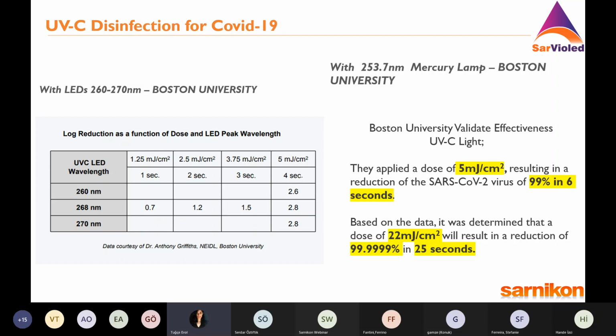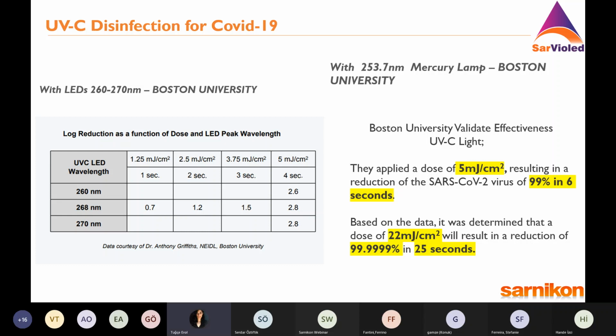So what you see in this table are wavelengths of UVC LEDs and exposure times, which result in different doses and energies. It shows how much log reduction they actually achieved. At 5 millijoule per square centimeter, you can reduce SARS-CoV-2 concentration almost 99.9%, which is log reduction level 3.